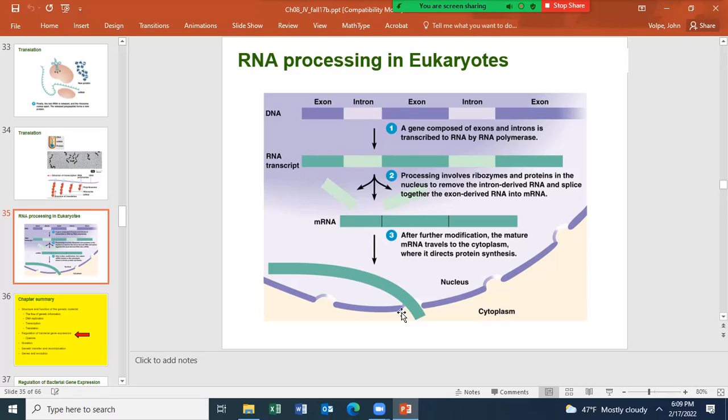Any question about any of that? All eukaryotes have introns in their genes. Bacteria tend not to have introns, so we're going to just say bacteria do not have introns in their genes. Any question about any of that?